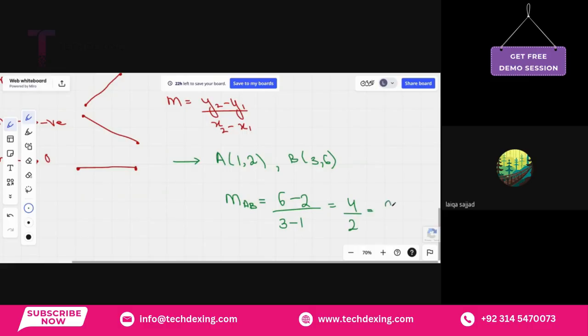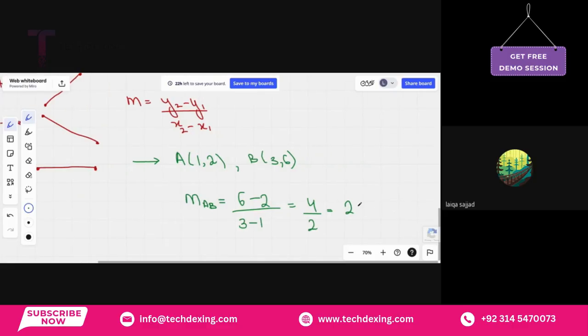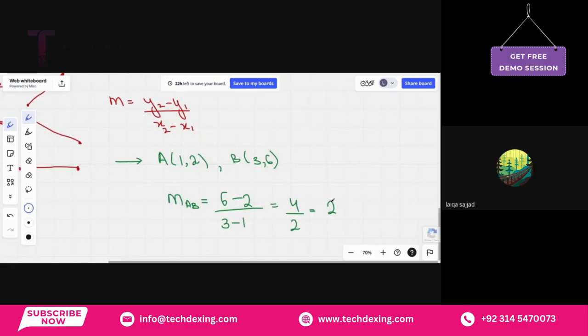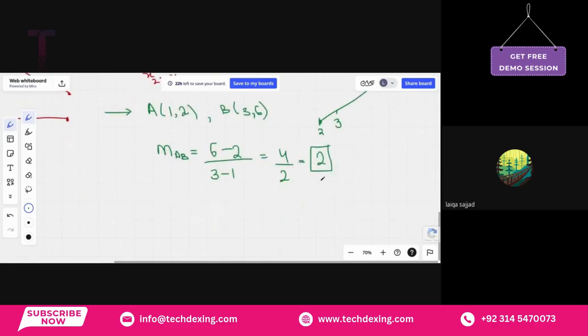So it actually means that for every increase of 1 in the x-axis, y will increase by 2. This is what it means. For example, if I plot them over here, for every increase of 1 in x, for example, this is at point 2 along the x-axis, and I move to point 3 along the x-axis, y will increase by 2. This is what it means.